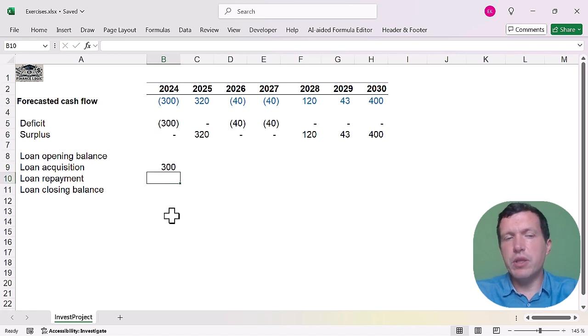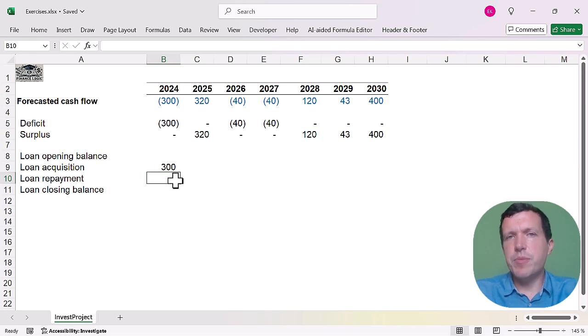Then loan repayment. Loan repayment occurs only when we have two conditions. First one is that we have opening balance of our loan, and second condition is that we have cash surplus available to pay back.